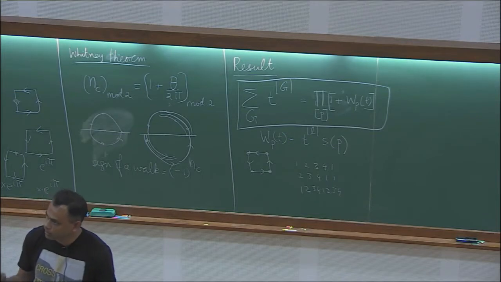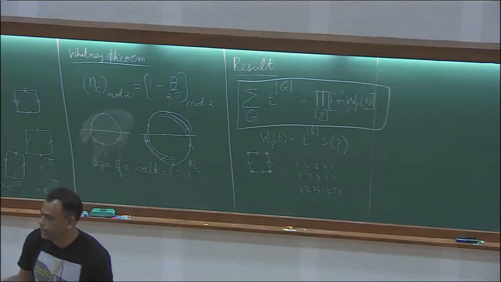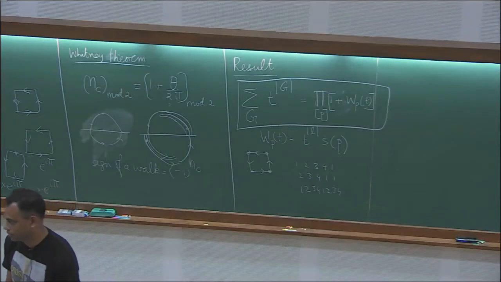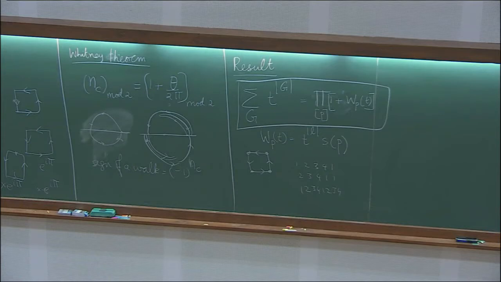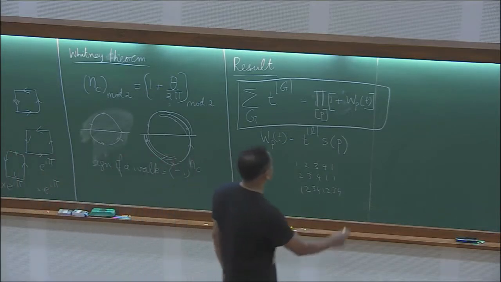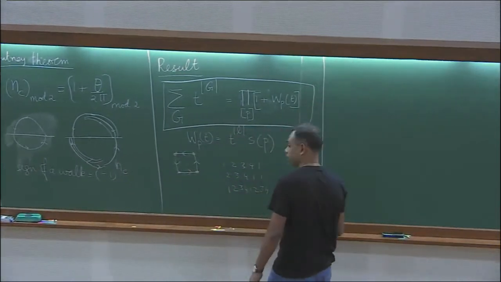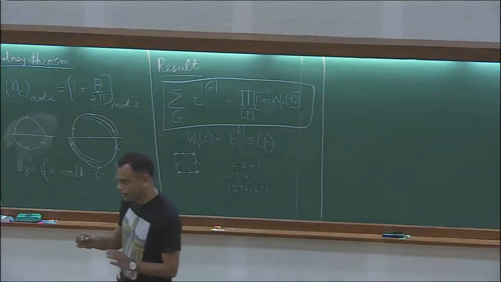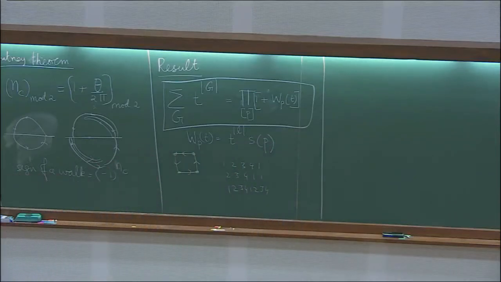Long ago, in private, but it came in print in 1972 as well, in his book. In their papers, they write that this is conjectured by Feynman. So that's why I said it must be in private.